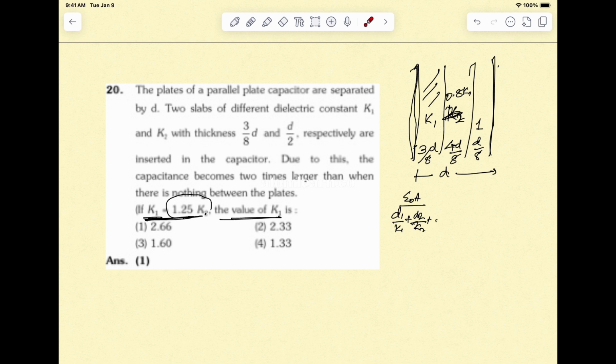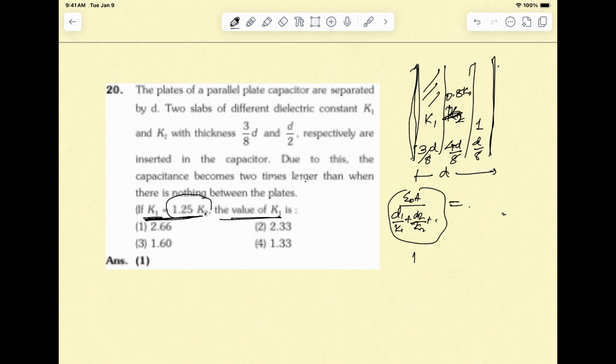Since this particular part on the left hand side is going to be double of the air capacitance, I'm going to leave out the epsilon naught A because they're going to get cancelled out.